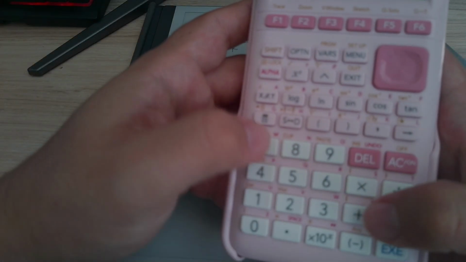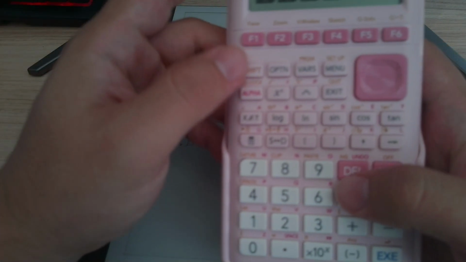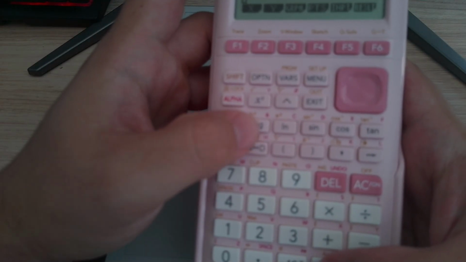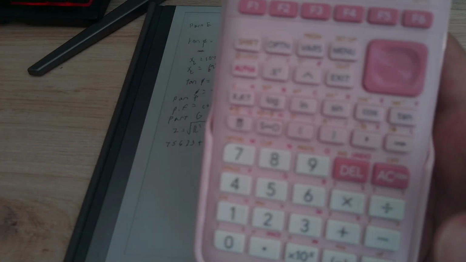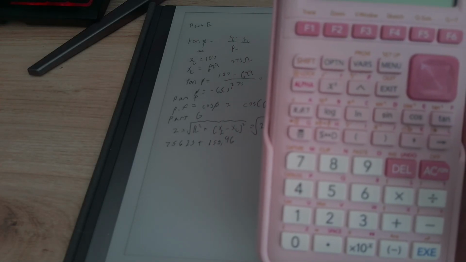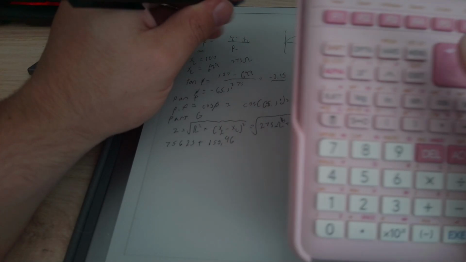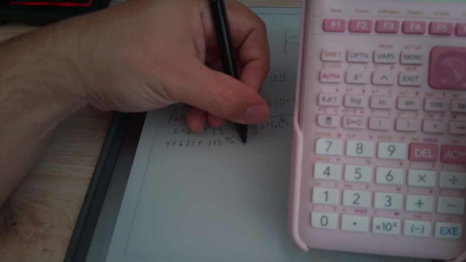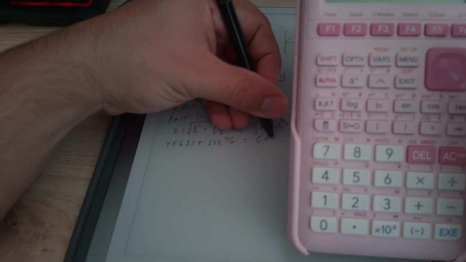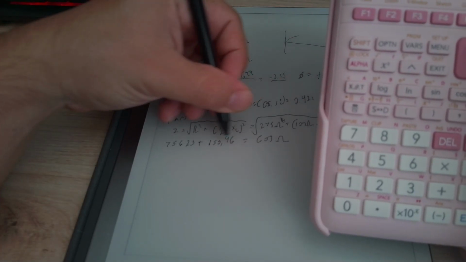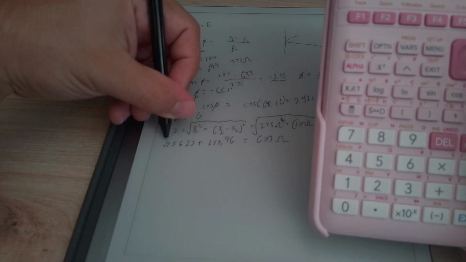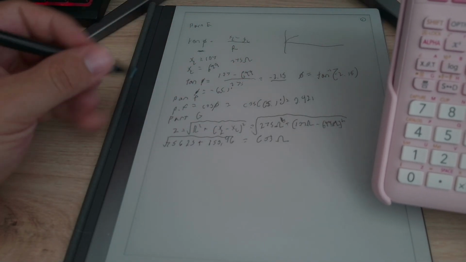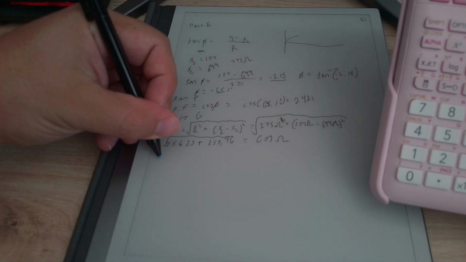Add that to our 75,625. That's our answer, and then we're just going to square root all of that. So our final answer should be 652.7. You can round to 653 ohms for impedance. There we go. So that's part G.